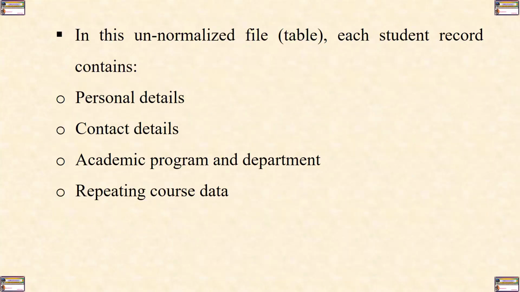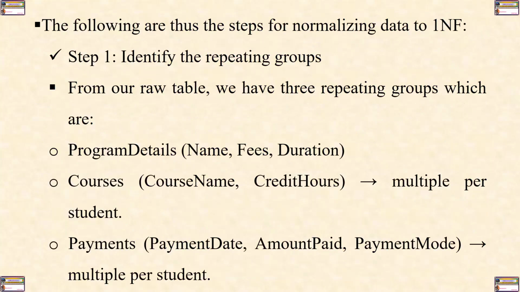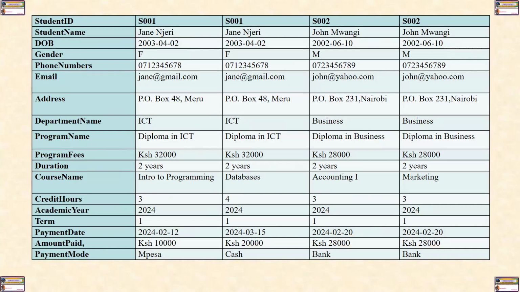But when we normalize to the first normal form, you will see that the information has almost doubled. It has expanded.